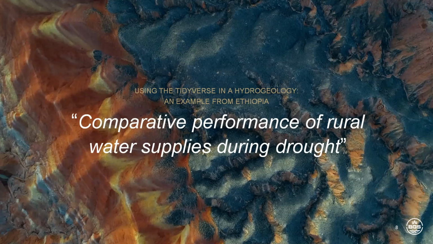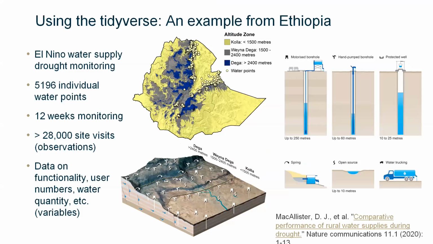So now that we know what the Tidyverse is and what tidy data is, I want to take an example from some of my work in Ethiopia, where we looked at the performance of rural water supplies during drought. So this just provides an overview of that work. What we did was we looked at a series of different water source types: motorised boreholes, hand pump boreholes, protected wells, springs, open sources, and water trucking.